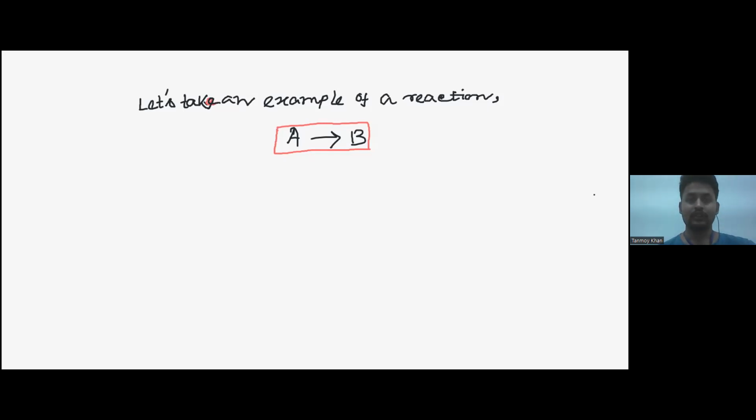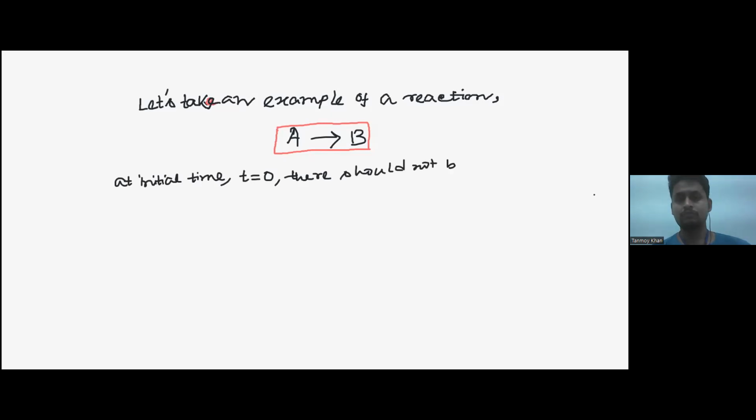At the initial time, this is your reactant, that means at time 0, there should not be any product B. That means at t equals 0, the concentration of A will be there, but the concentration of B will be 0.